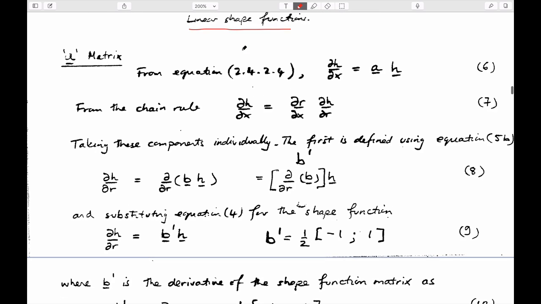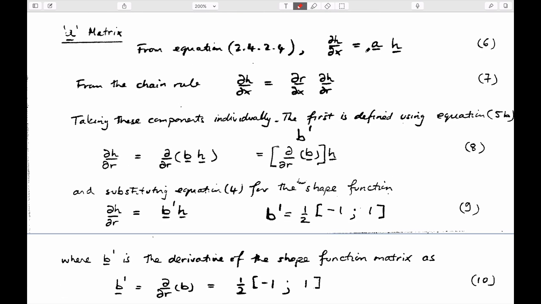So by definition, the A matrix is this. It's something that takes the values of the nodal heads, nodes 1 and 2, and converts it into a gradient over the element. So what we could do is, in this simple one-dimensional case, we could just write this out as dh dx, and what could we do?